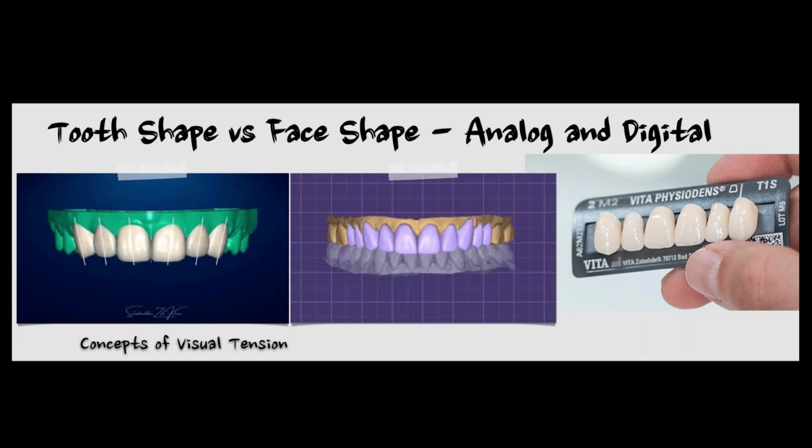But in the crown and bridge world, it's the same thing for us, especially with the digital technology today, because most people are doing things digitally. They're taking the scan of that model, they're putting it into the digital world, they're picking a mold, which by the way, most of them came from denture teeth, and they're popping that into the mouth without really evaluating the face.